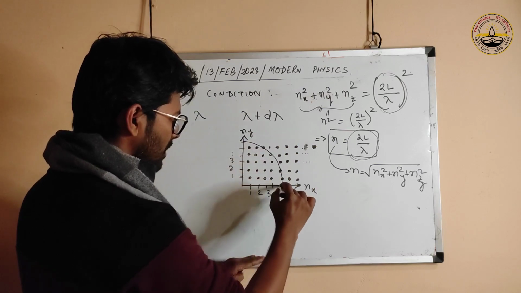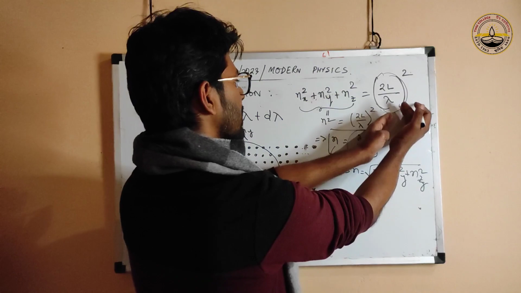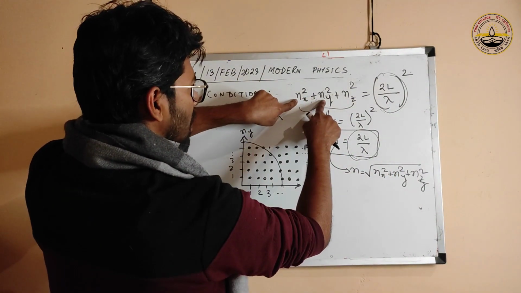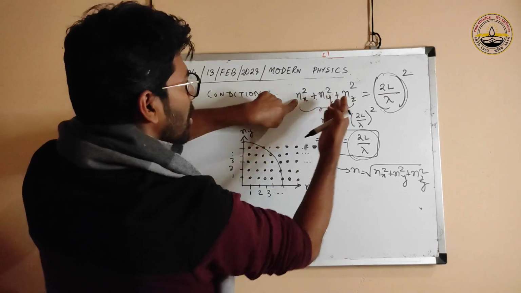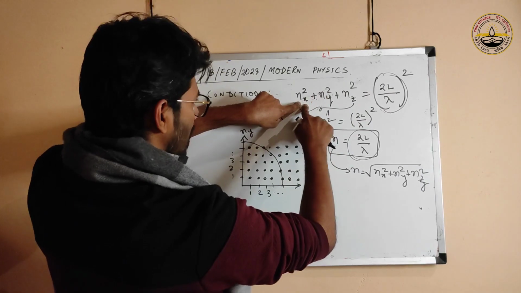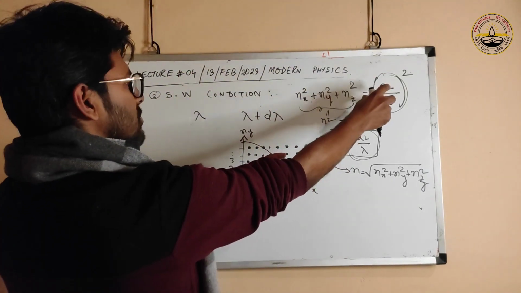So it will be a circle, because for a constant radius, this could be 0 and this could be 1, or this could be 1 and this could be 0, or this could be 1, 1, 0. Still, they will satisfy a constant radius.